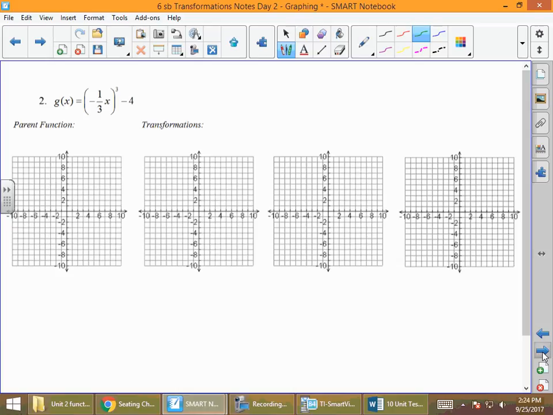When we look at number 2, g of x equals negative 1/3 x cubed minus 4. Our parent function here is y equals x cubed.